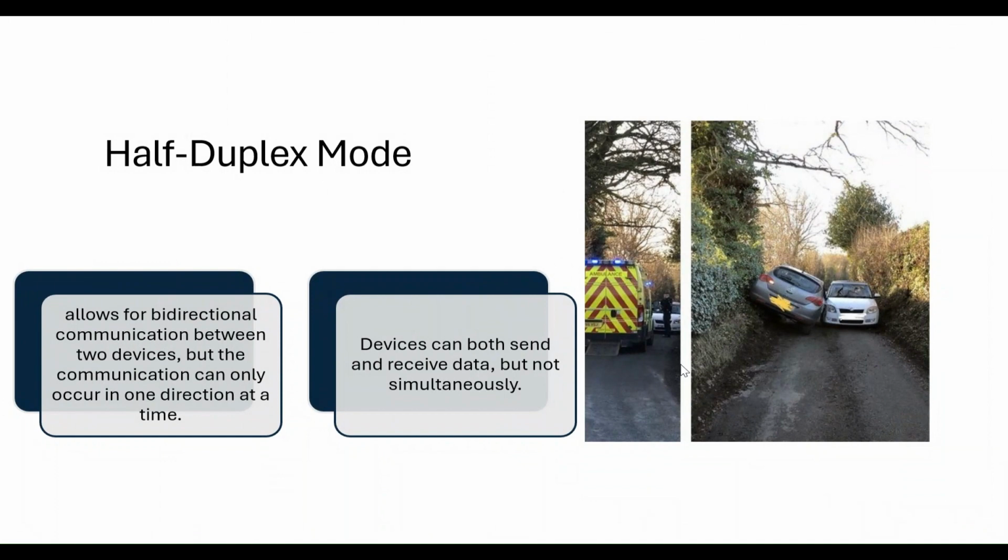The vehicles can go back and forth or they can go in both directions, but one has to wait until the other one passes before the other can go. All right. And so the data in this half duplex mode can flow in both directions, but one at a time, not simultaneously.